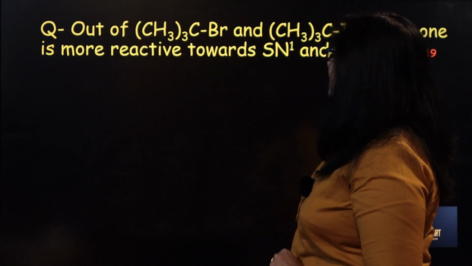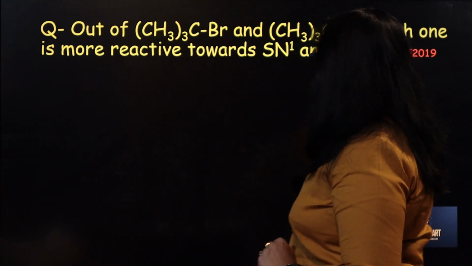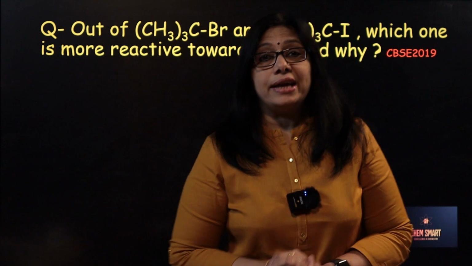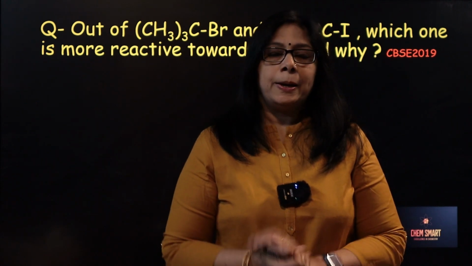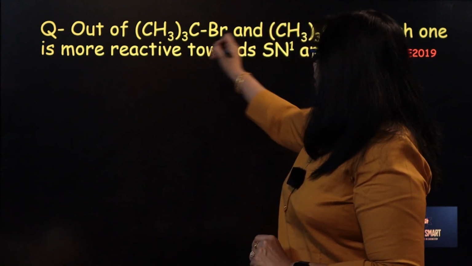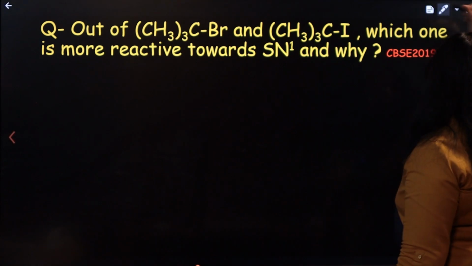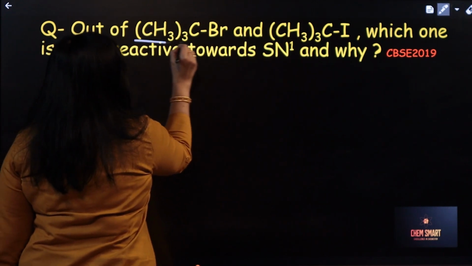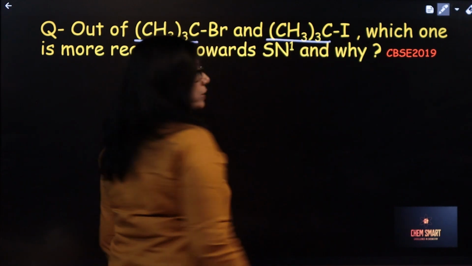Out of (CH3)3C-Br and (CH3)3C-I, which one is more reactive towards SN1 reaction and why? You know, SN1 reaction is based on the stability of the carbocation. But in these two compounds, the alkyl group is the same in both of them, the tertiary butyl group.